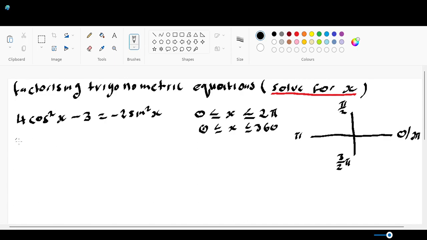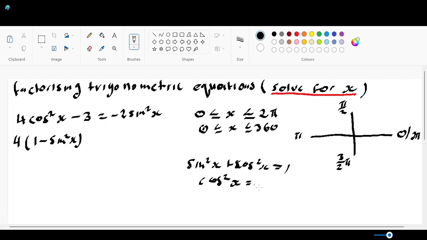Remember that you can substitute cos squared x by saying 1 minus sine squared x. Guys, if you don't remember, this is the identity: sine squared x plus cos squared x is equal to 1. So if you make cos squared x the subject of the formula, you're going to have 1 minus sine squared x.